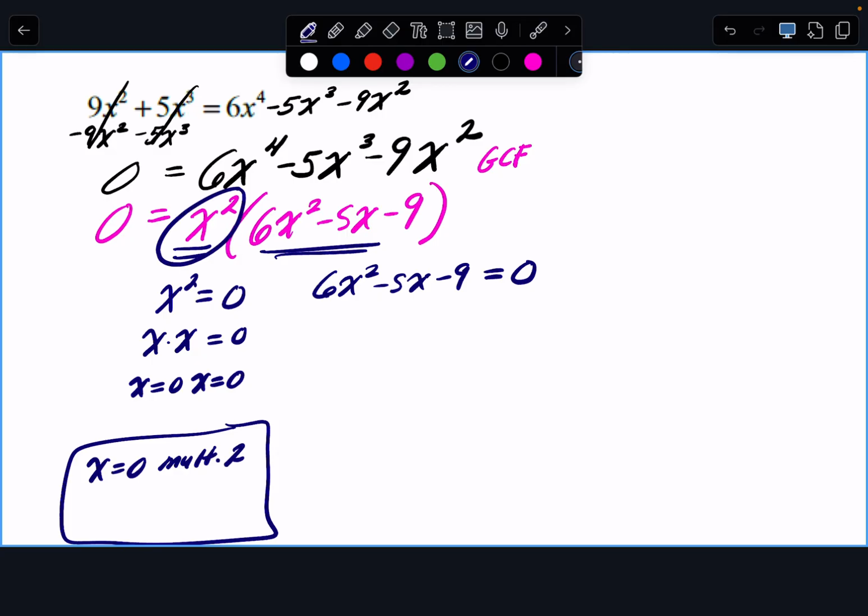Then you'd say, okay, the quadratic, let's see if it factors. A times C adds up to be B. Well, multiplies to be negative 54 and adds up to be negative 5. I personally would go to my calculator because I'm not seeing it right off. 54 divided by 2 is 27. 54 divided by 3 is 18. 54 divided by 4 is a decimal, so I'm not going to list it. 54 divided by 5 is a decimal. 54 divided by 6 is 9.